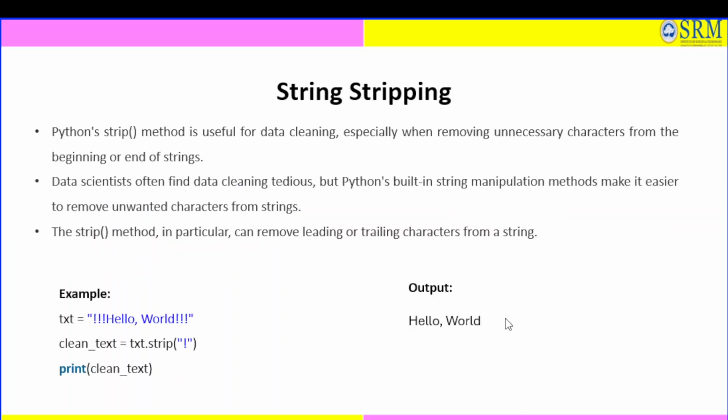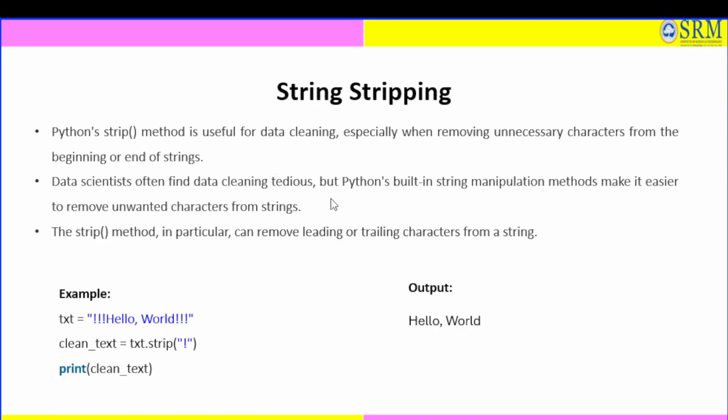Next, string stripping. Stripping is particularly used for data cleaning, like in NLP processing, which uses these kinds of techniques. Whenever you work with raw data, this method is helpful. Whenever you want to remove unnecessary characters from the beginning or end of the string, you can go for string stripping.